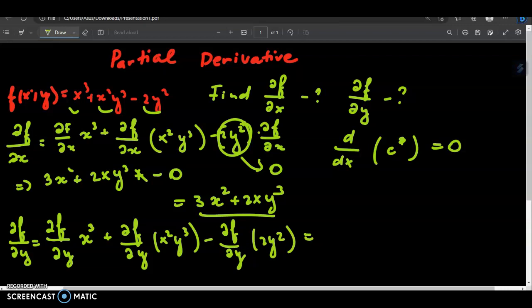The first term is a kind of constant because there's only x, there is no y term. That's why the derivative of a constant is always 0. So this part is 0.